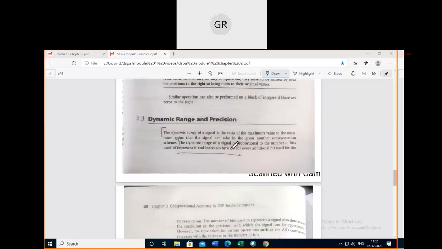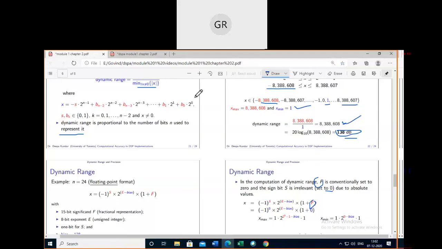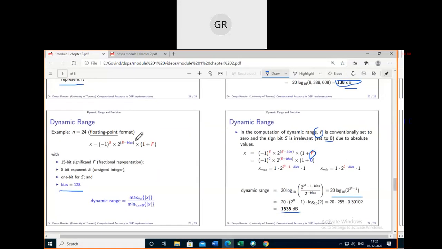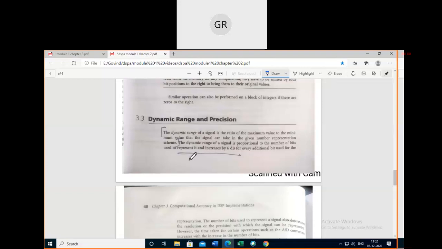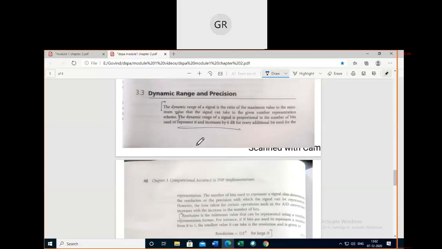There are no equations like this. Directly we can find the dynamic range from the total number of bits. The dynamic range of a signal is proportional to the number of bits used to represent it and increases by 6 dB for every additional bit used for the representation.